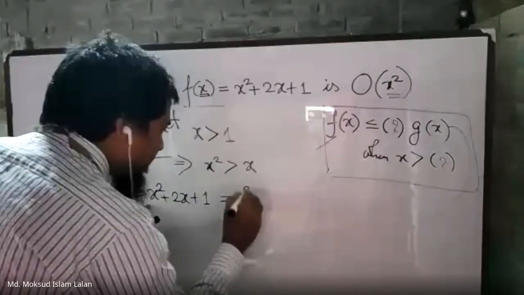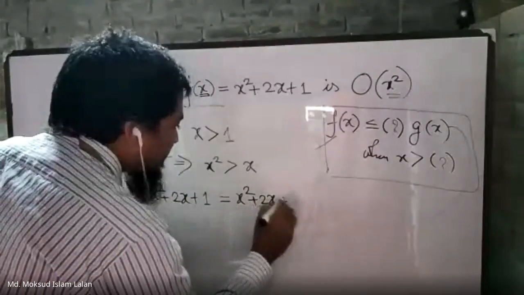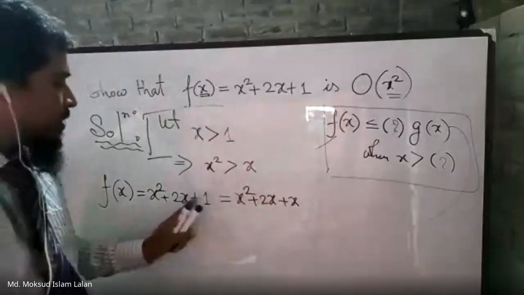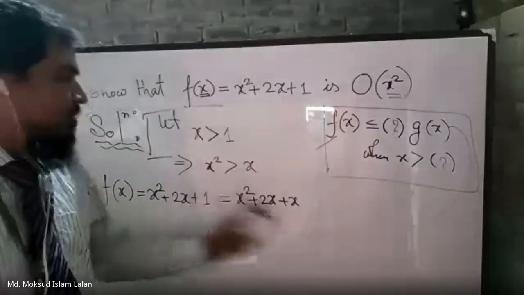Dear students, if I write here x square plus twice x plus x, can I substitute this 1 by x? Can I write here... No, sir. Because x is greater than 1.